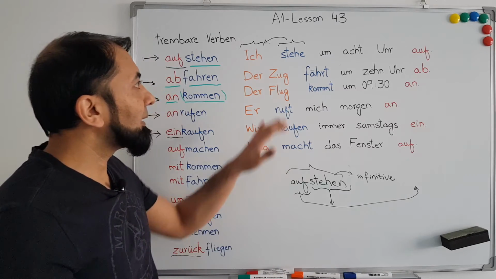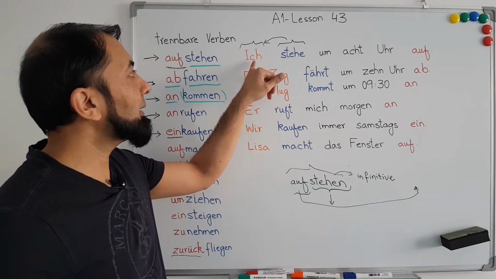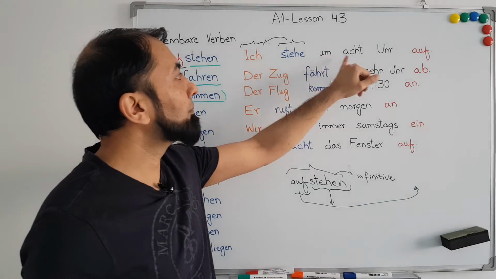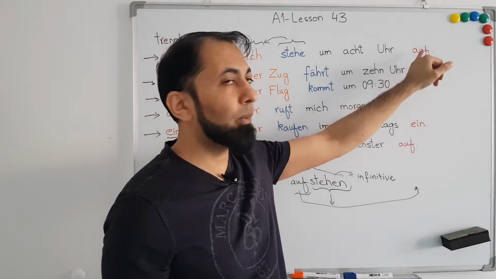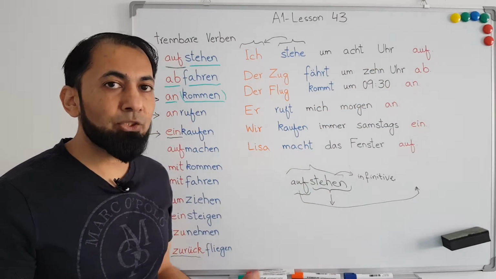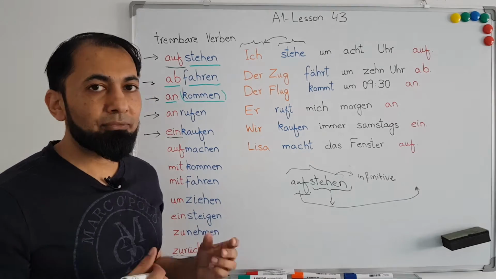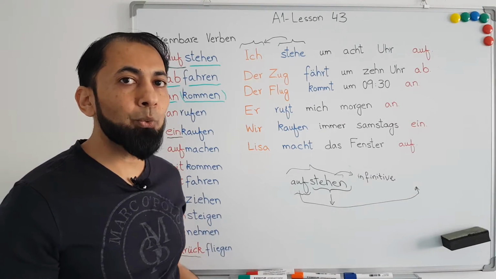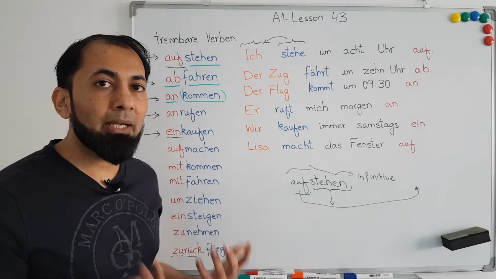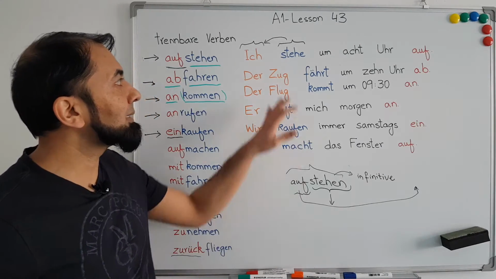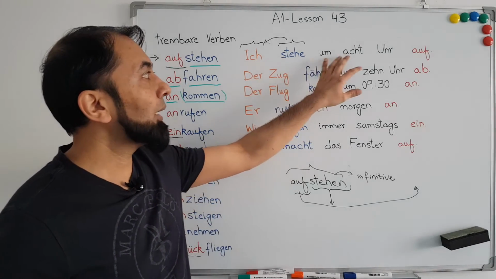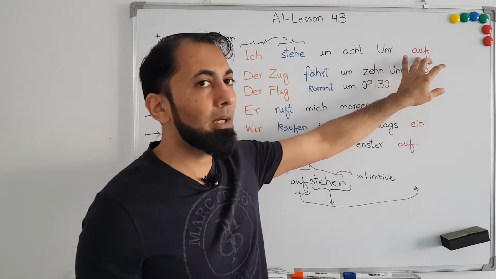So, let's look at the example again. Ich stehe 8 Uhr auf. Wann stehst du auf? If this is the question, when do you wake up or when do you get up, then the answer is Ich stehe 8 Uhr auf.